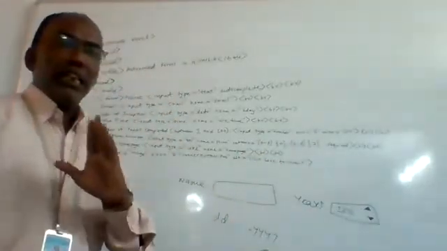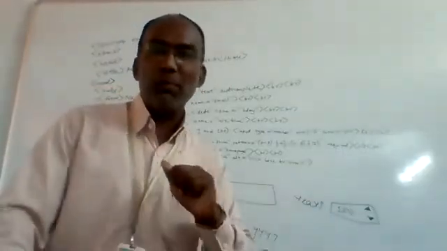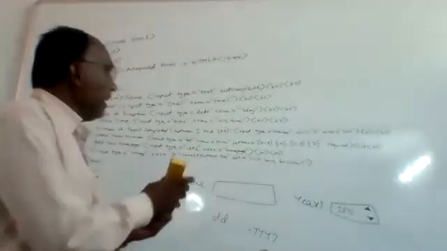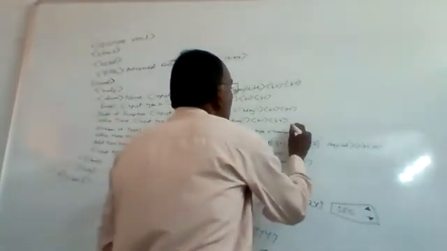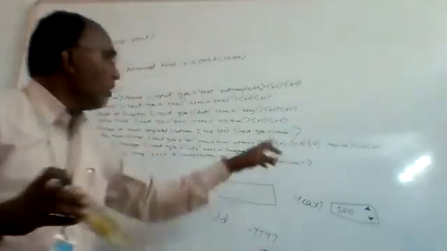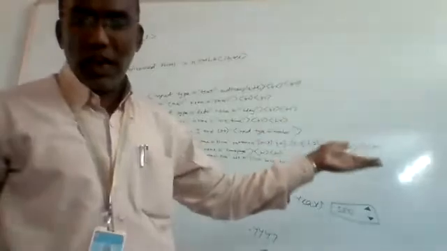Otherwise, if we are not using these min and max attributes, what will it affect? If we simply use input type is equal to number, name is equal to num, what will it do?